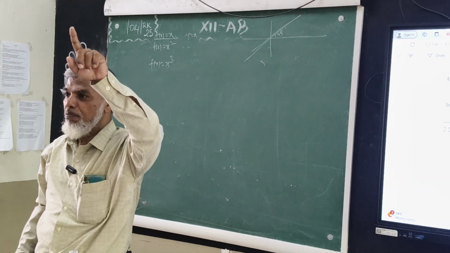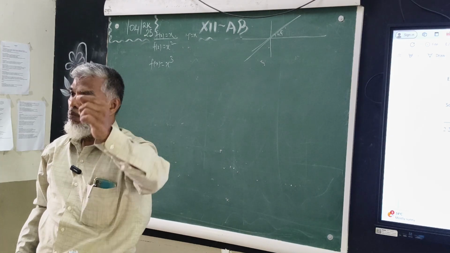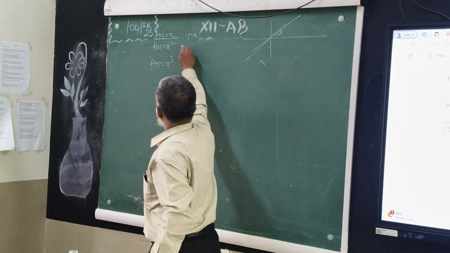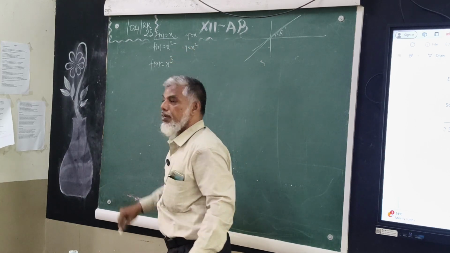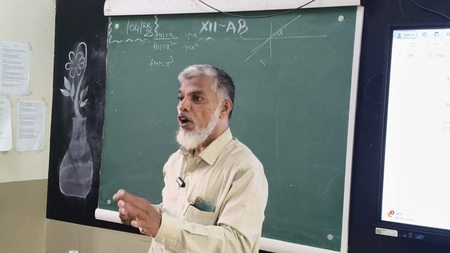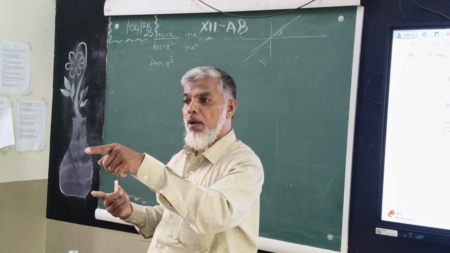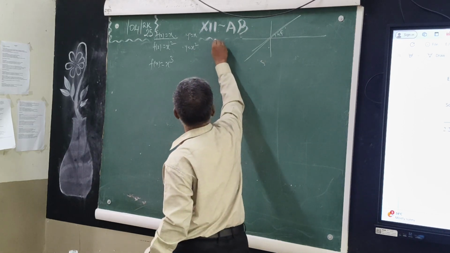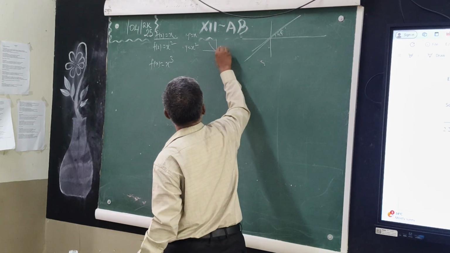We can draw it very easily by taking the points (0, 0) and (1, 1). If you draw, you will get it. y equal to x square: what graph? A parabola, a degree 2 parabola. x square equal to 4ay. x square equal to 4ay, like this.